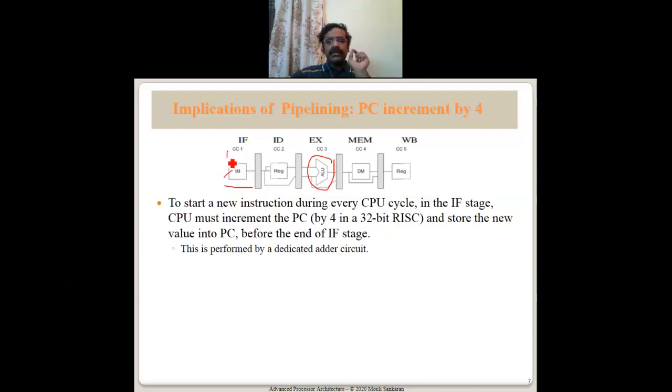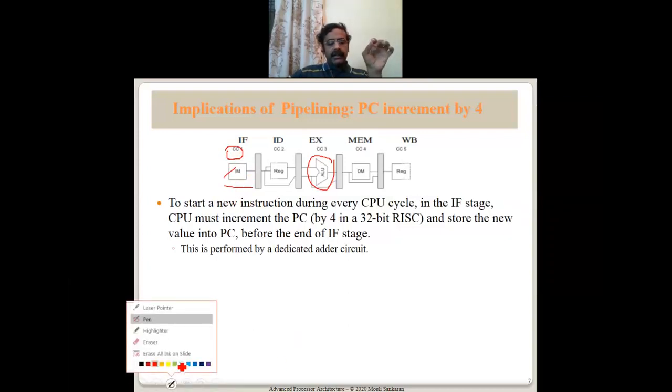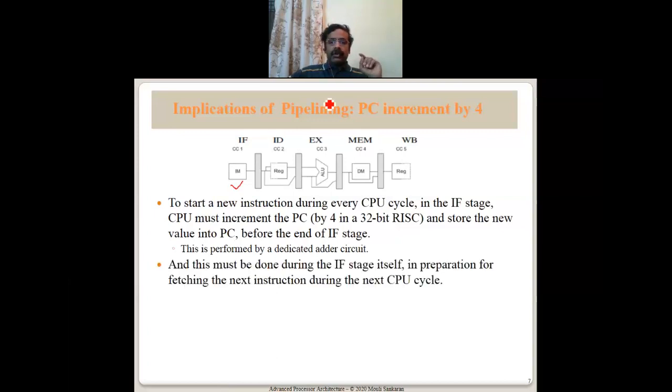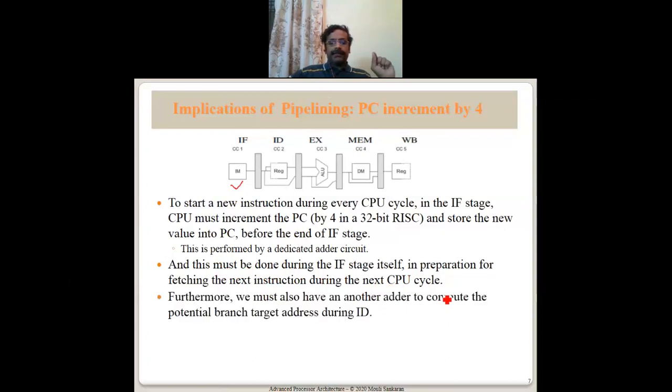So we are assuming some adder here, which is not shown, dedicated only to incrementing the PC and getting the new address ready for the next cycle. During the next cycle, we need to access it. So the next address needs to be computed and stored in PC during the IF stage.